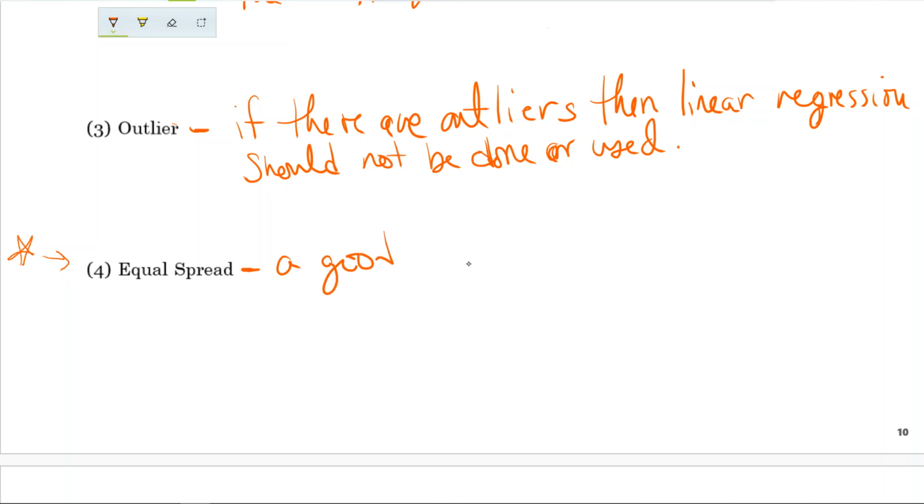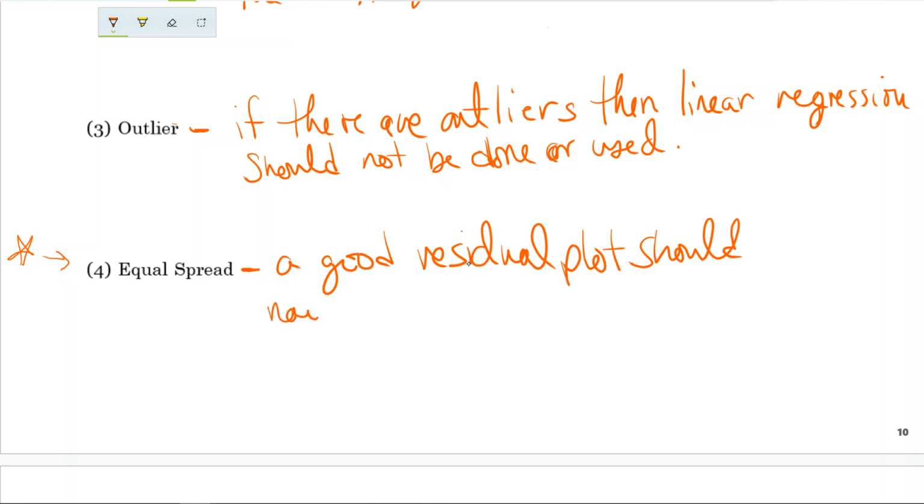Okay, good. We just saw this. That was the plot we just did. It should have an equal number of points above and below 0.